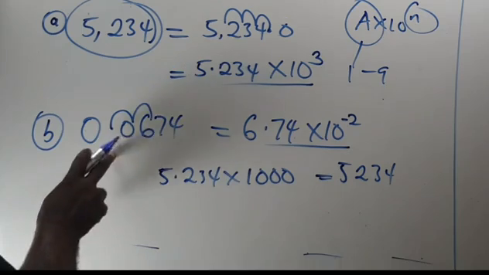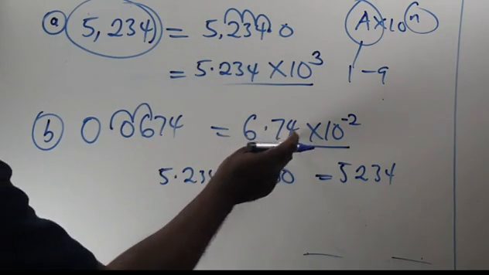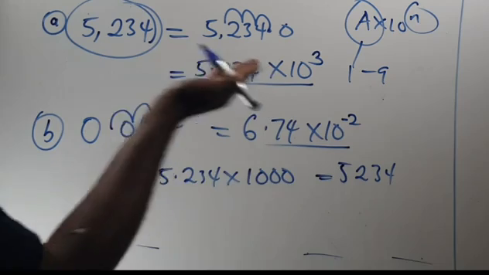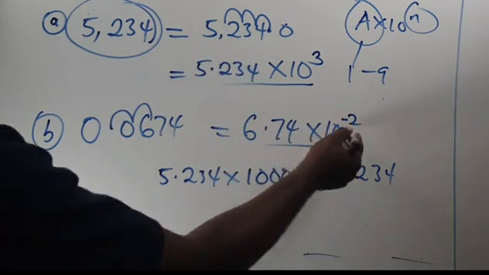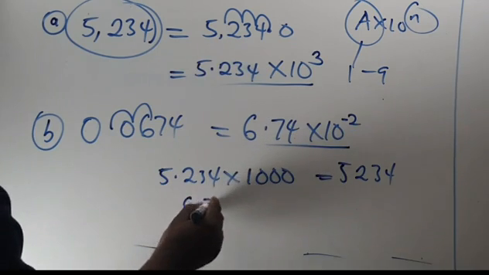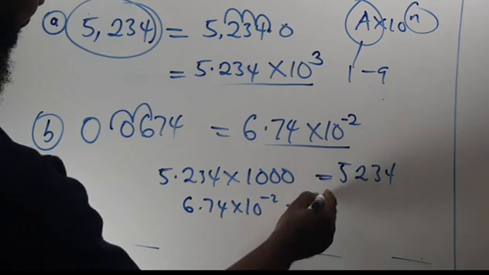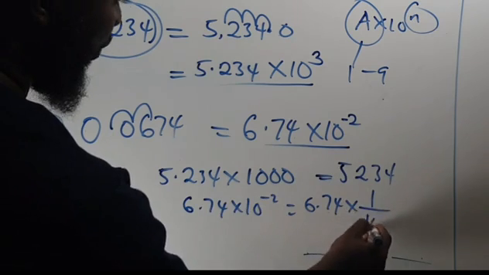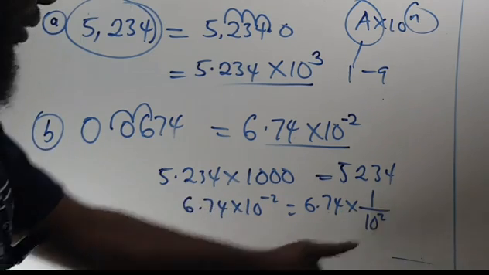That gives you 5,234. Then when you come to this one, 6.74 times 10 raised to minus 2, this is negative, so we are moving to the left. 6.74 times 10 raised to minus 2 means 6.74 times 1 over 10 raised to 2, which means you are dividing by power of 10, which is 2.